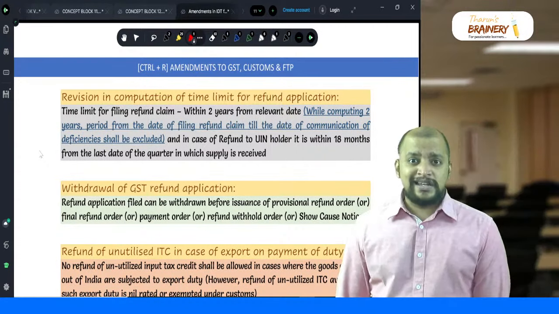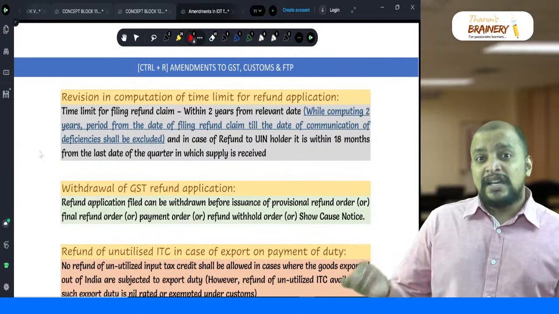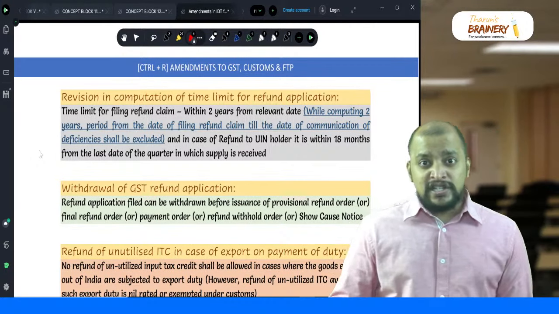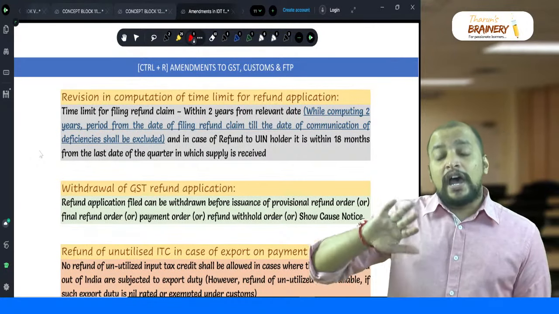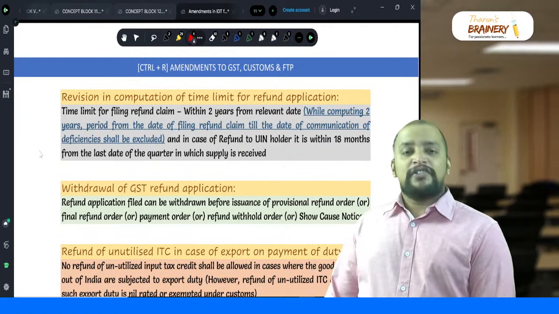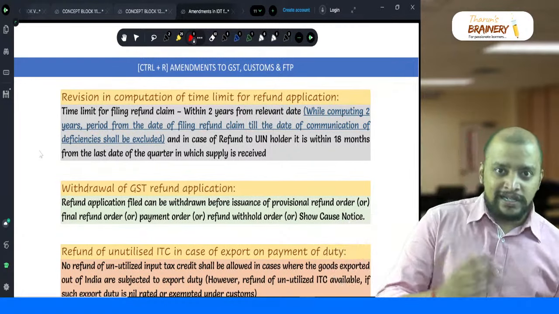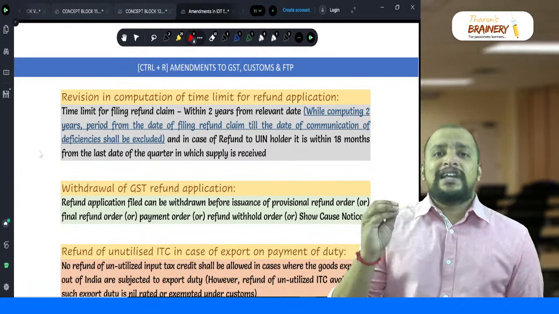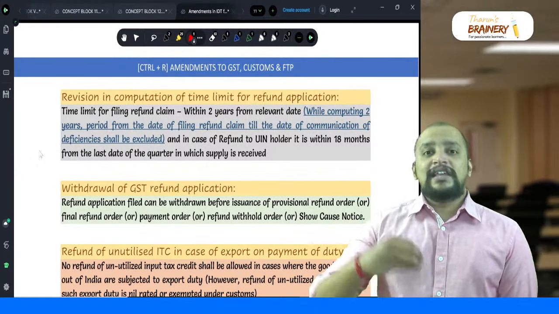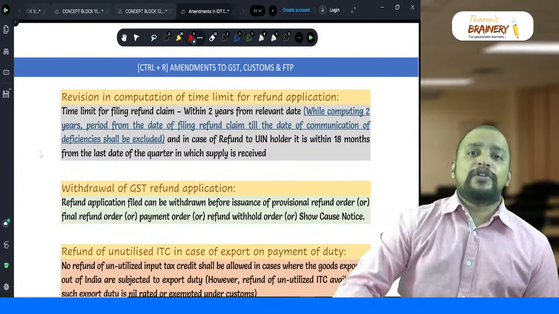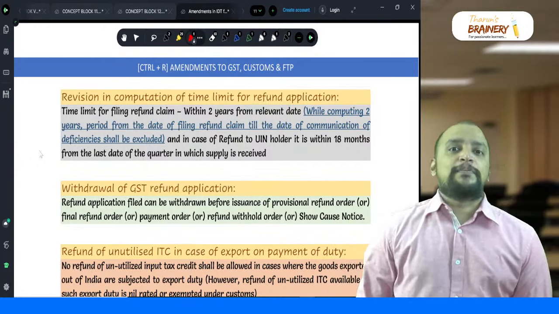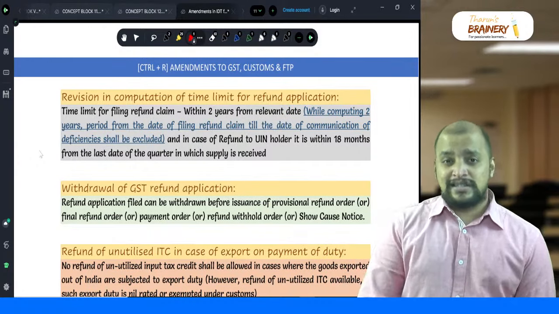Now in that case, while computing the 2 years, exclude the period for which they gave a deficiency memo and you filed the rectified application. For example, within 2 years from the relevant date, you filed a refund application and then they gave a deficiency memo or a notice stating that this particular application is not correct, so there are some deficiencies.